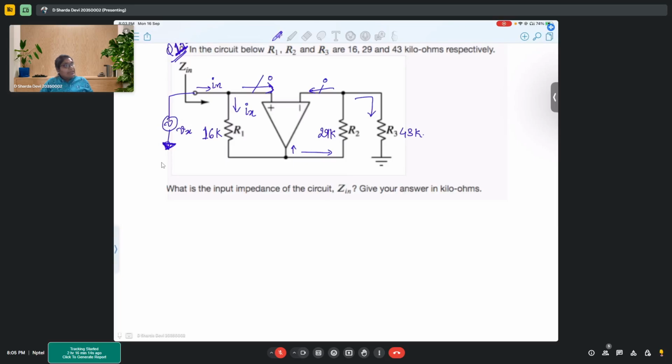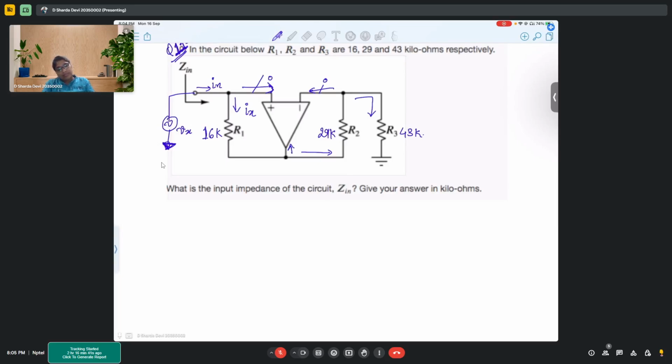So here the thing is, in this particular op amp, what you don't know is this component, right? This component is not known to us, like how much will be the current that will be flowing inside the op amp.